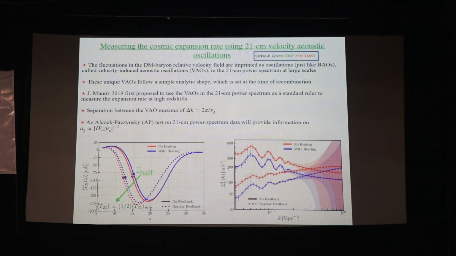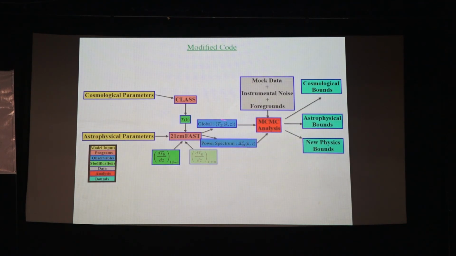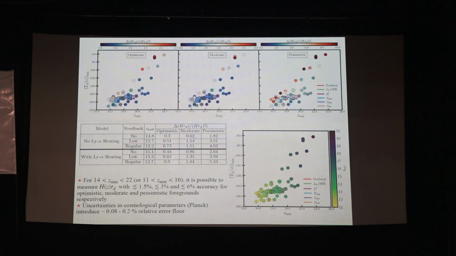We basically use the same pipeline. Now we are using mock data and an MCMC analysis to get the constraints, I mean the error with which we can measure this expansion history. This is the main result of this analysis. We have two cases, with and without Lyman heating, and for different feedback scenarios and three different foreground assumptions, it is possible to pinpoint this expansion history with very good accuracy.